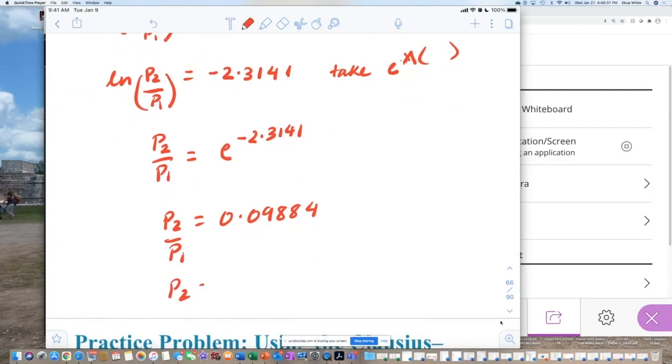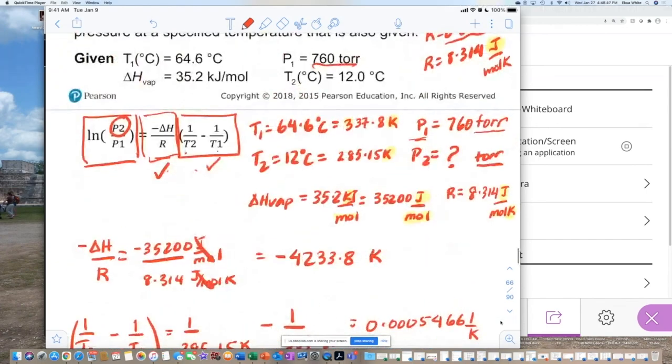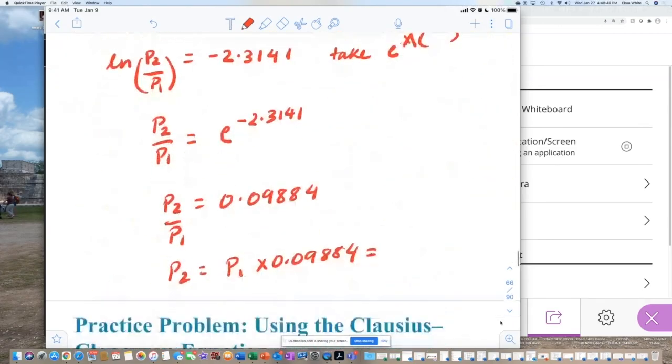So P2 is equal to P1 times 0.09884. What was P1 again? It's been so long since I saw this number. 760. Okay, 760 times that number, 0.09884. So the unit here is torr, of course.